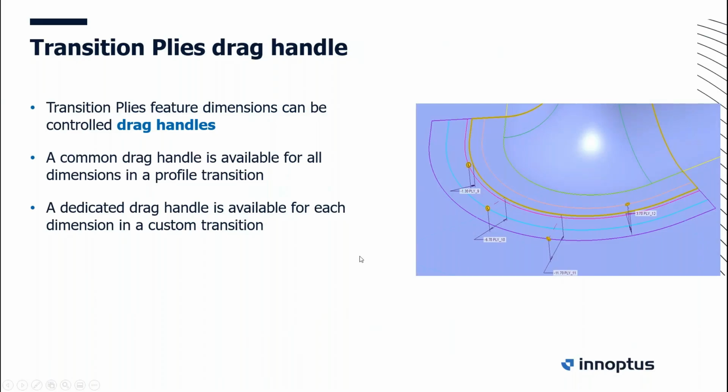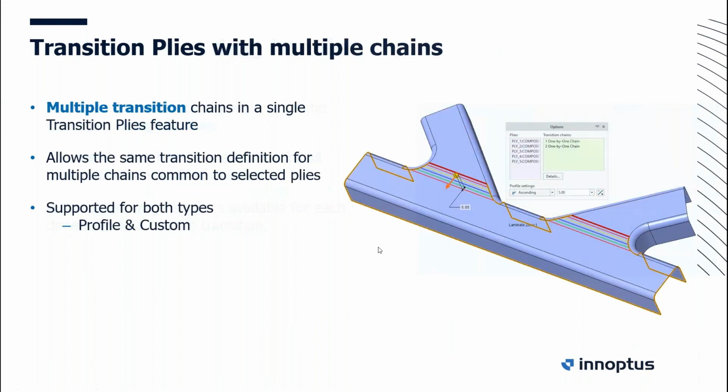Transitions, maybe a better view on what transitions are. Now you can move them individually if you want to do that. I will just skip to the next slide. What is a transition? Because we want to make multiple layers here, you don't want all layers to stop at the same position, because one, you make a big drop-off, but it's bad for the strength in your part.